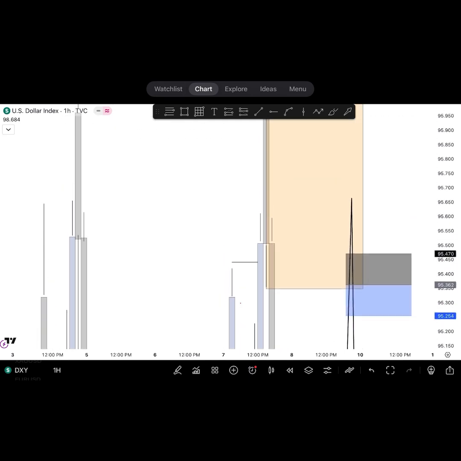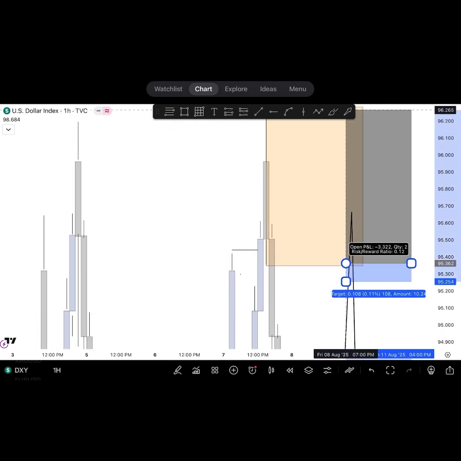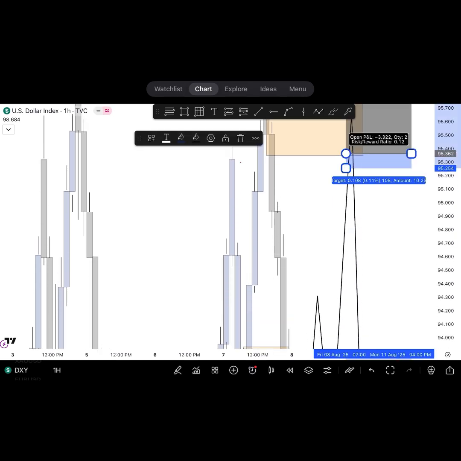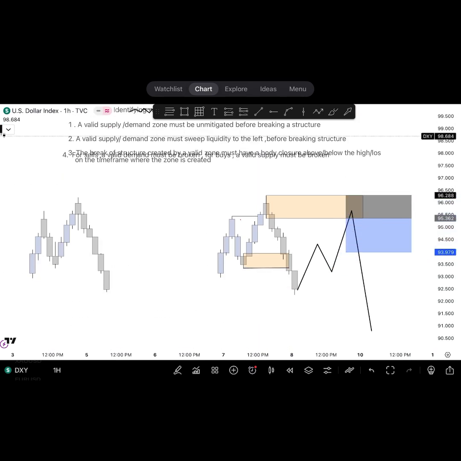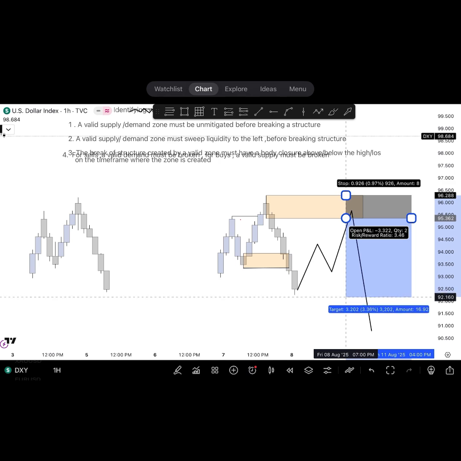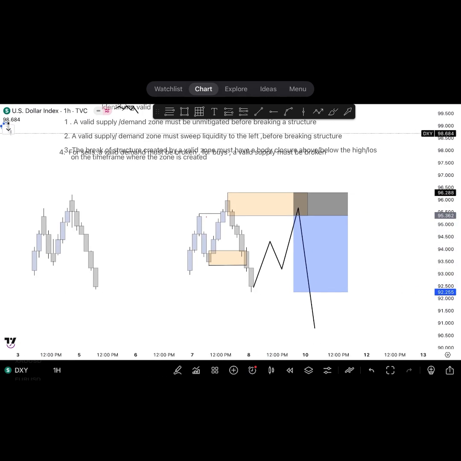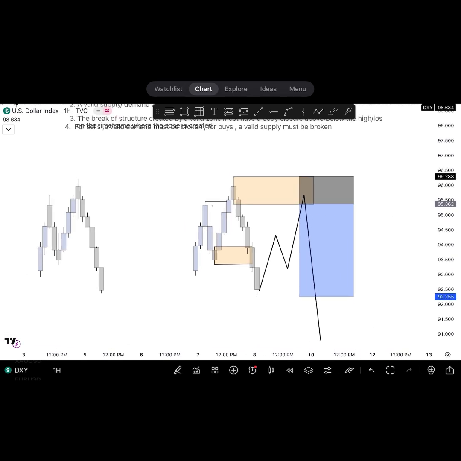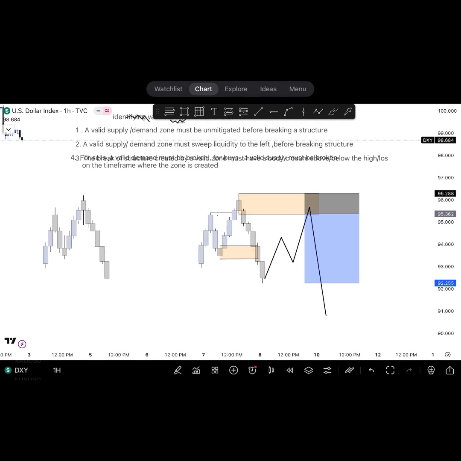So what are you going to do? Your stop loss is going to be above that, and your take profit would be below this. Of course, in later videos, we are going to talk about confirmation entries, for you to know if this zone is going to work. But for the sake of this video, this is all you have to know.